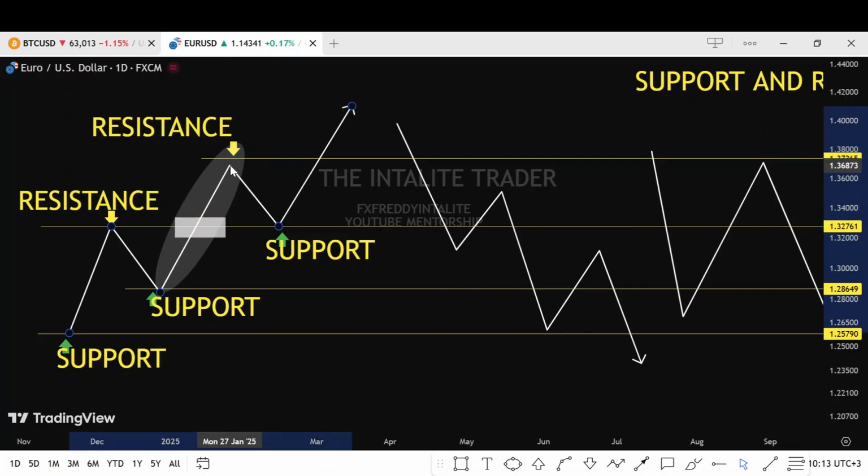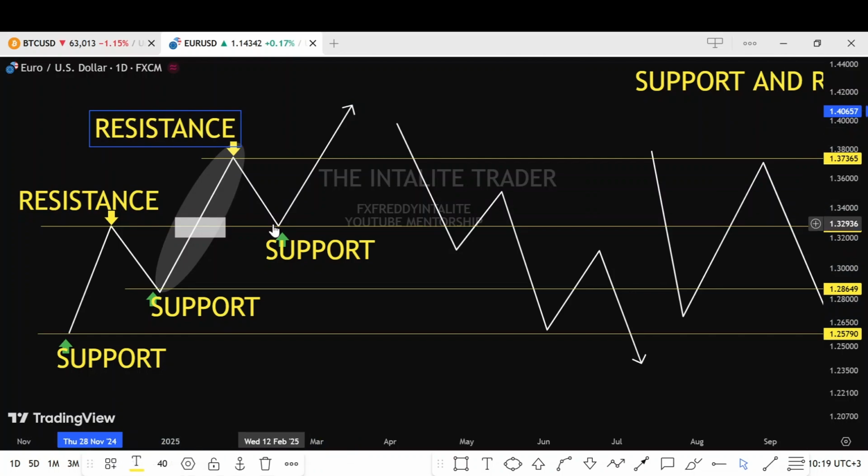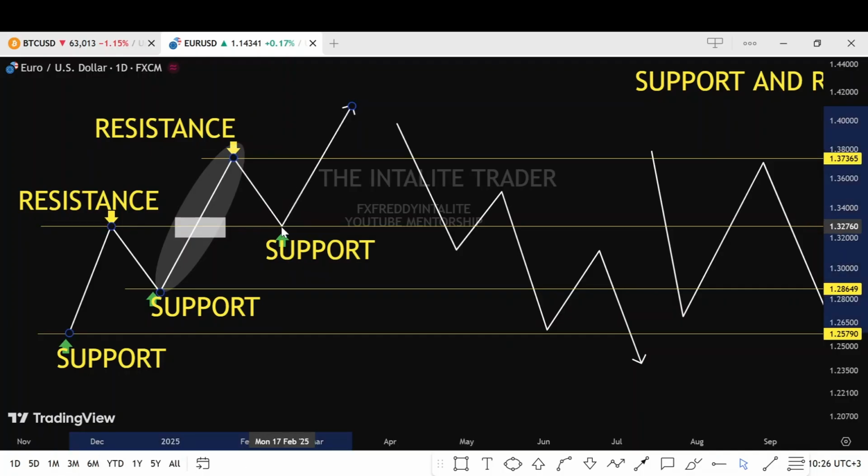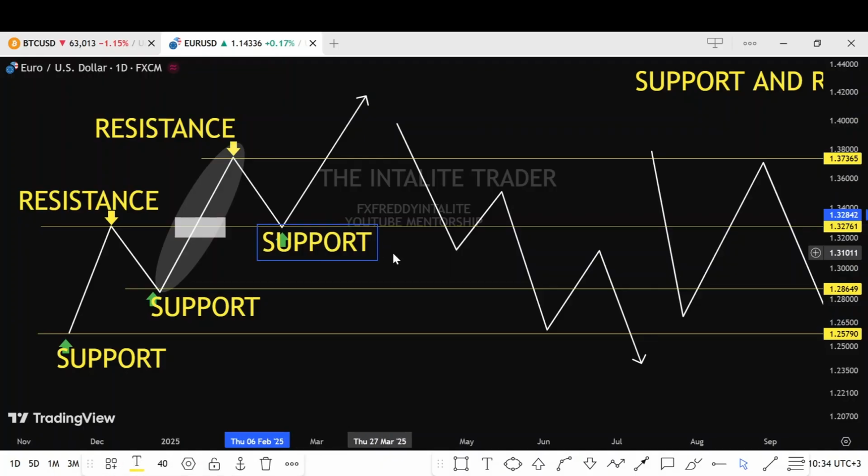The same level here, we see it acted as resistance. This becomes resistance. Then price dropped back to this resistance. So this becomes support for price to move up. That is support and resistance in an uptrend.